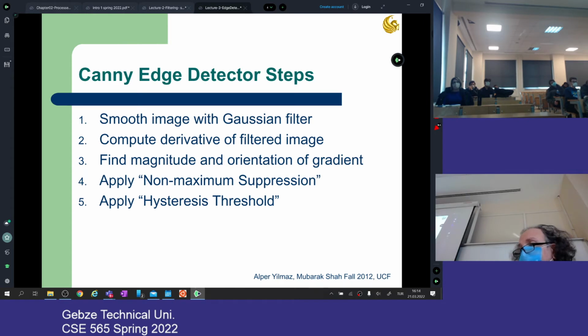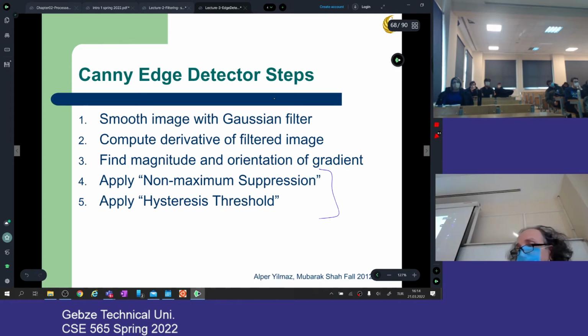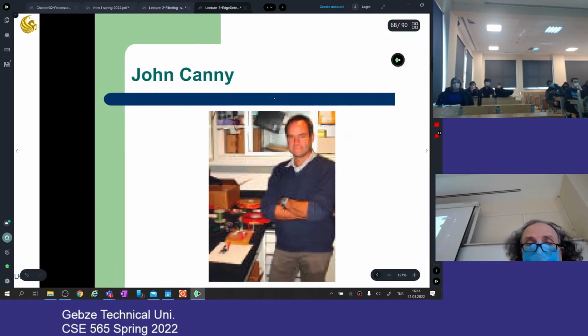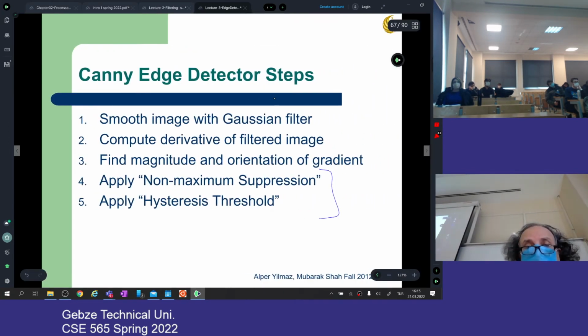I am finding the magnitude of each gradient point, also finding the orientation of each point, then apply non-maximum suppression to get rid of these problems. So I am going to select only the center ones, the other ones will go away, and then finally I will apply the hysteresis thresholding.